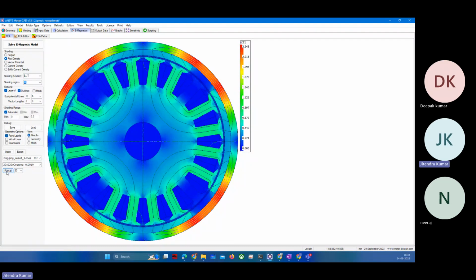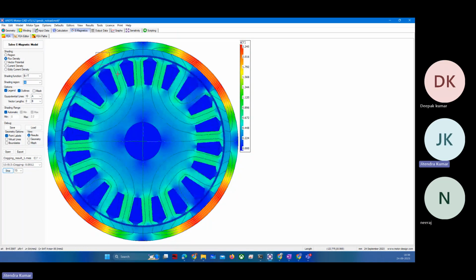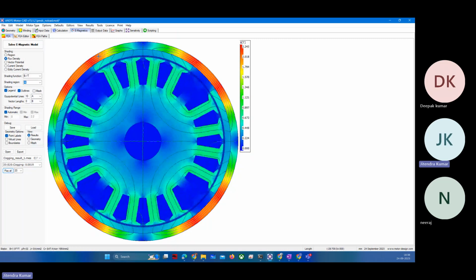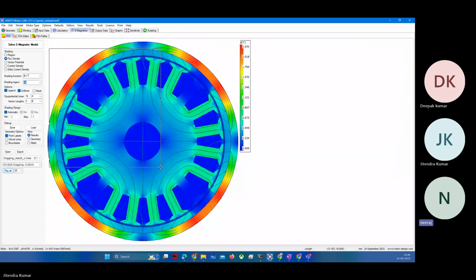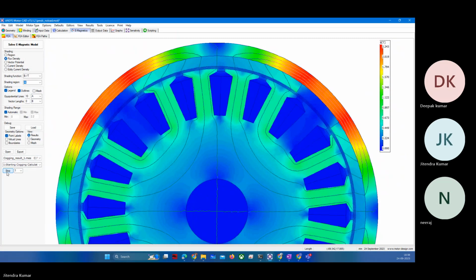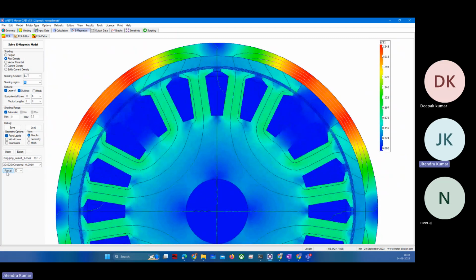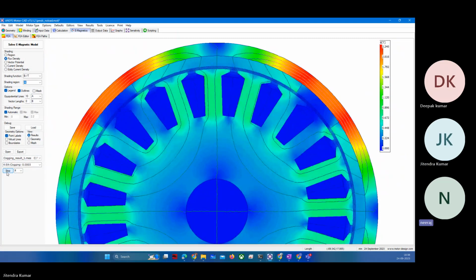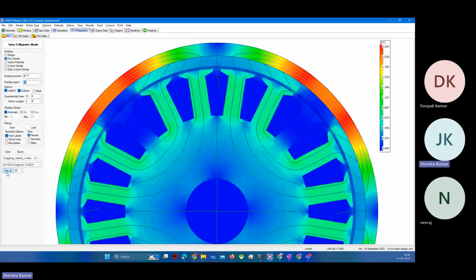So the field winding and permanent magnets will be stationary, and your armature will have to rotate with a constant air gap. See, your flux is more or less uniform if you haven't provided any armature reaction, right? Yes, sir. So your flux lines are constant because of the permanent magnet, and they are stationary.